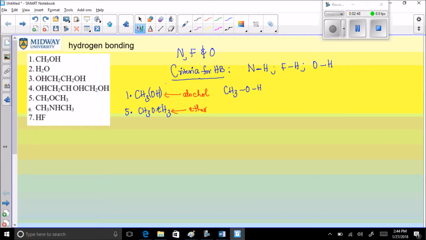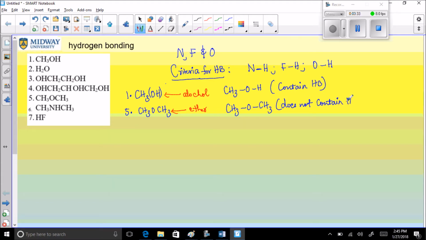When we write it this way, there is hydrogen in the molecule, but it's not written right next to an oxygen. These are two different aspects. Here the hydrogen is directly attached. Here hydrogen is present in the molecule, but it's not attached directly to the oxygen. So this one contains hydrogen bonding. This one does not contain hydrogen bonding.